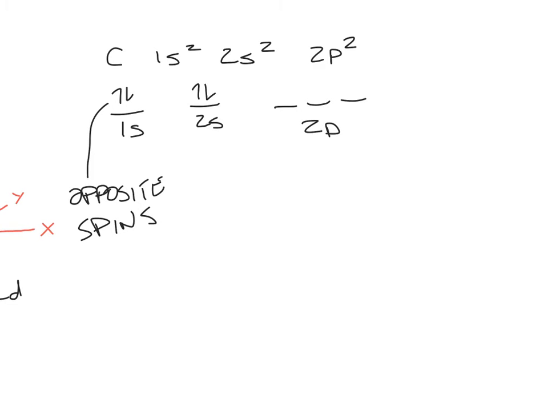When we get to the 2p now, I've got some choice because I have 3 orbitals open to me and 2 electrons to put in them. The correct way to do that is to basically not pair them unless you have to. This is called Hund's rule.